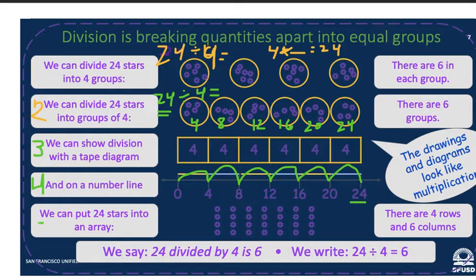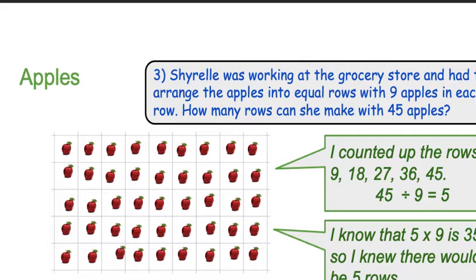The fifth way that we see it is in an array. So 24 stars in an array. There are 4 rows of 6. As students know, these are representations and ways that we show multiplication as well. So it's starting to go back to multiplication in those representations that we've been working on since the beginning of the year. So it's imperative that students are able to realize that.